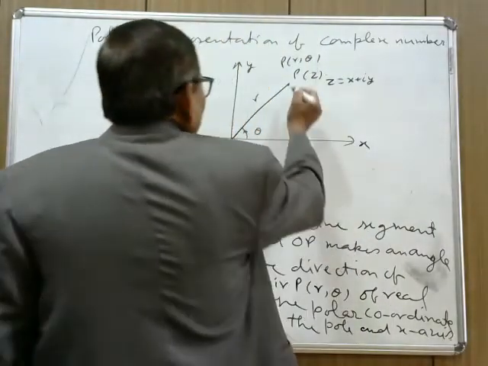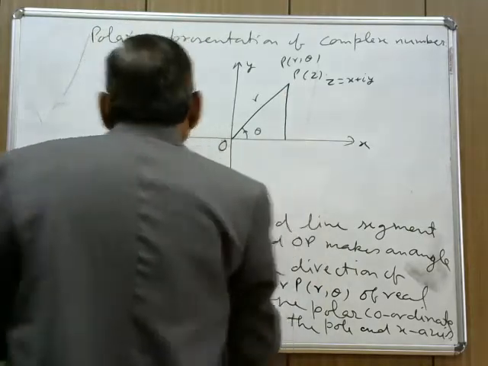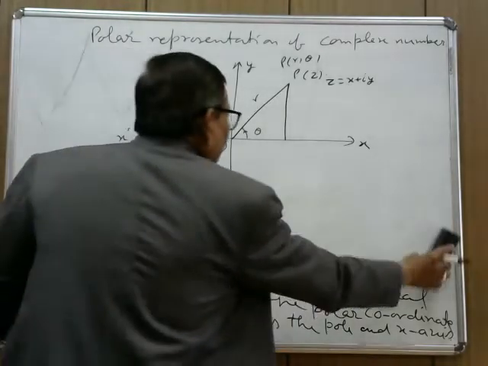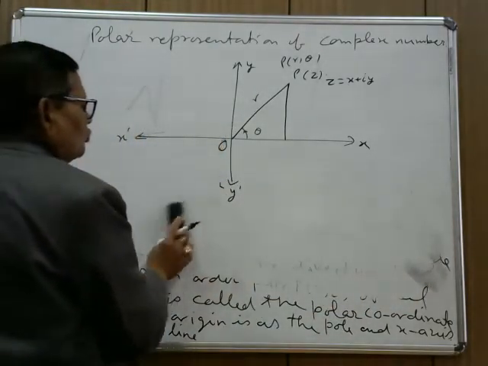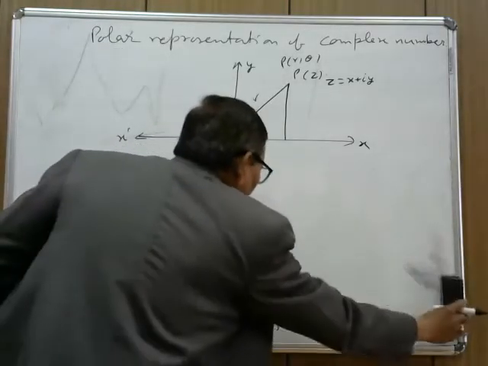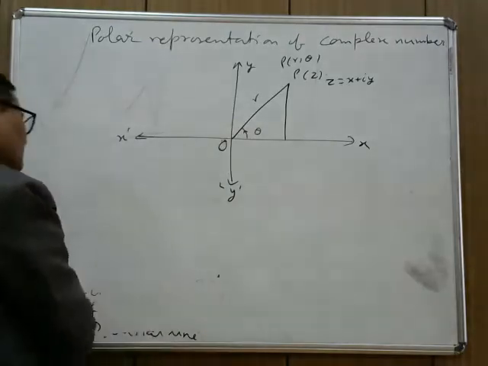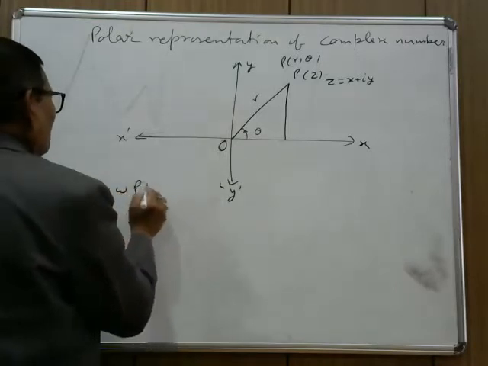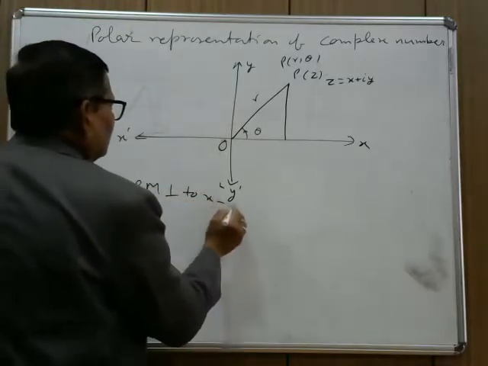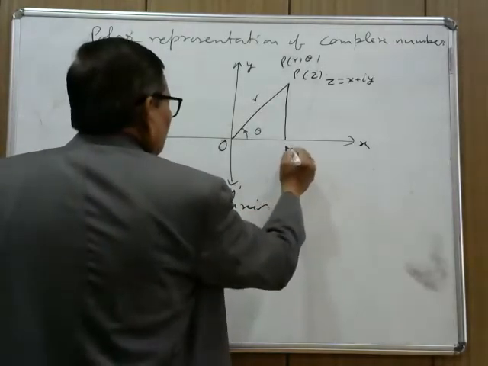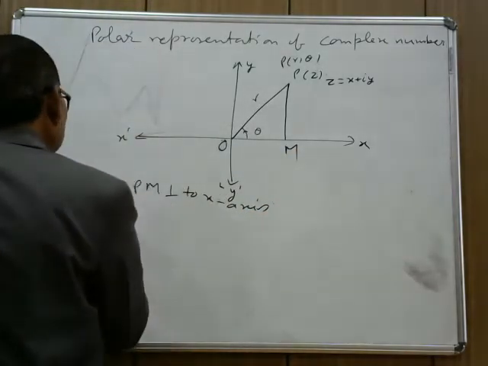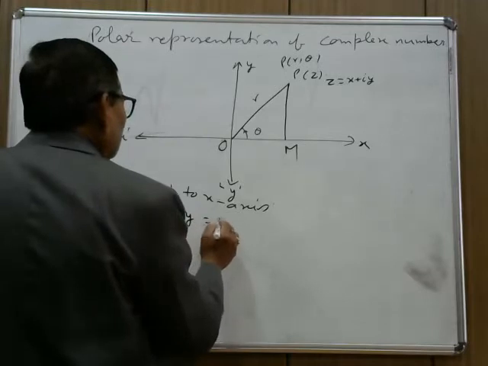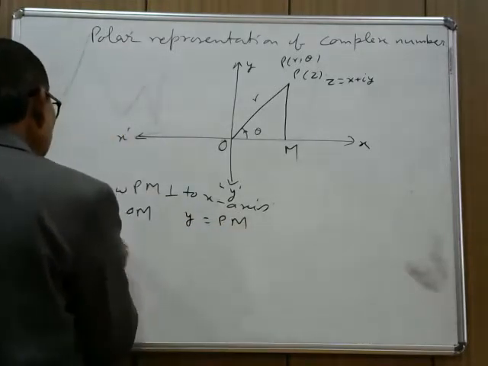Now observe this figure. When you draw a perpendicular from P on the x-axis, you get two lengths, one along the x-axis and another parallel to the y-axis. Draw PM perpendicular to the x-axis. This is M. So x is OM and y is PM.